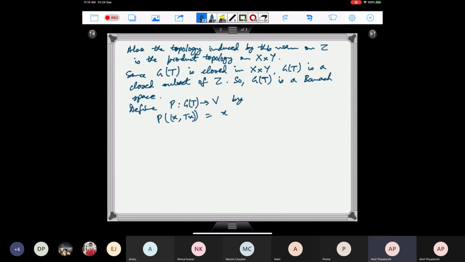We are just taking the projection on the first component. So P of (x, Tx) is equal to x.